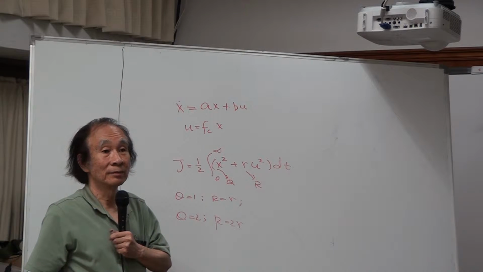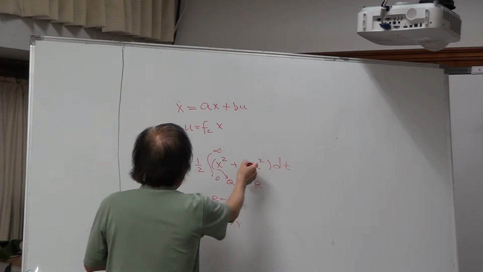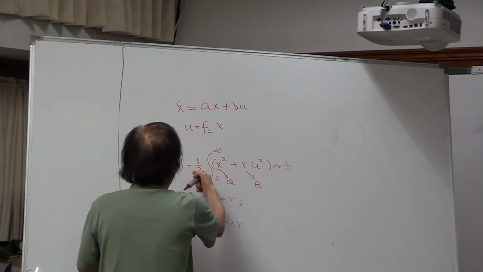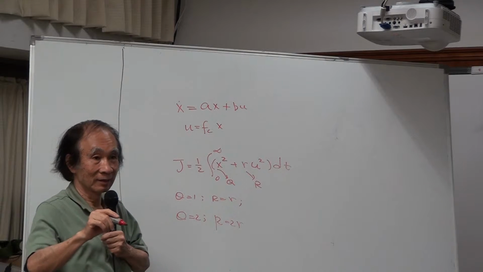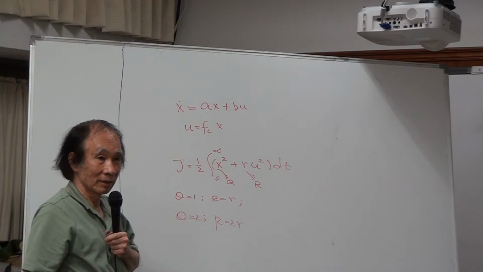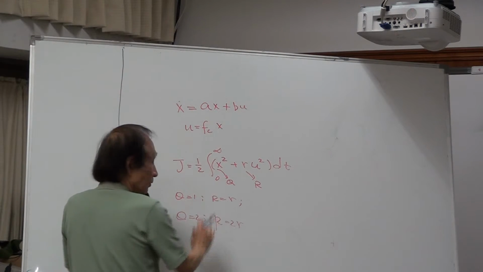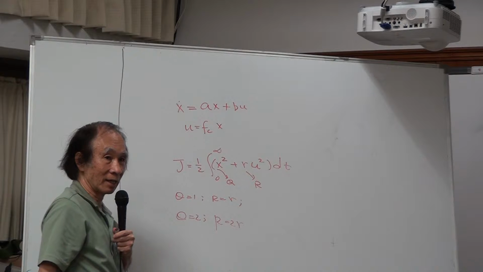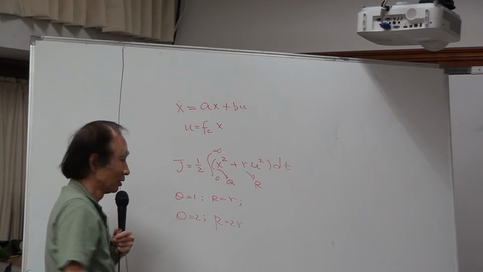So if Q equals 2 and R equals 2R, then you can just move the 2 out, and you get the same thing. When you take the partial derivative, this constant doesn't change anything. That means only the relative value is what you need to consider.